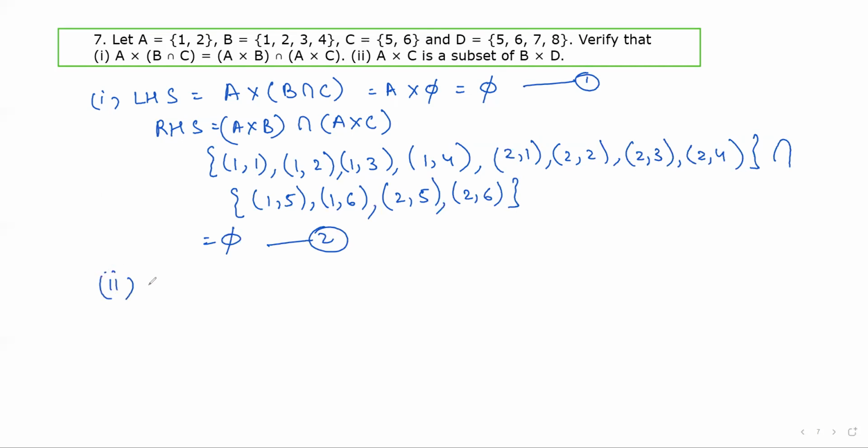Second, A cross C is a subset of B cross D. So let's calculate B cross D separately. B cross D would be (1, 5), (1, 6), (1, 7), (1, 8).